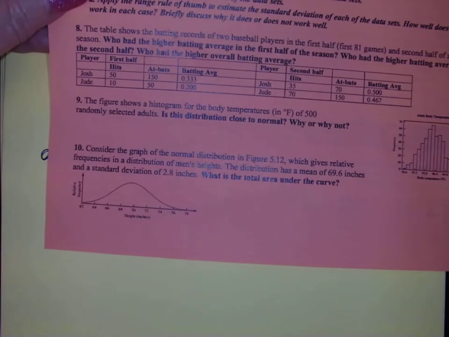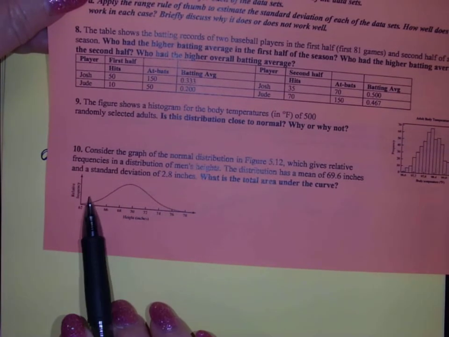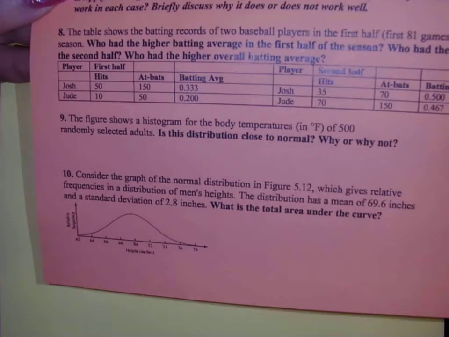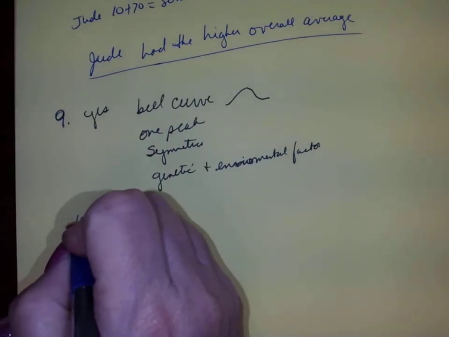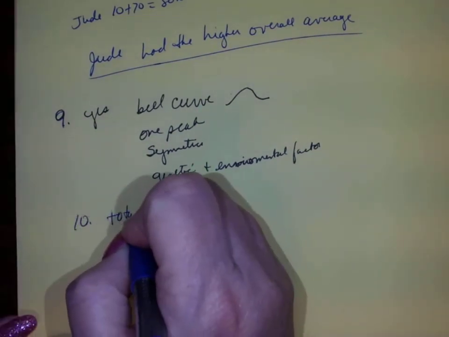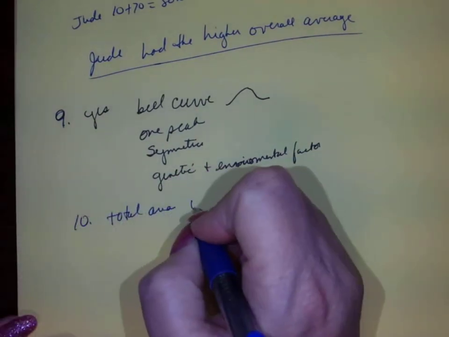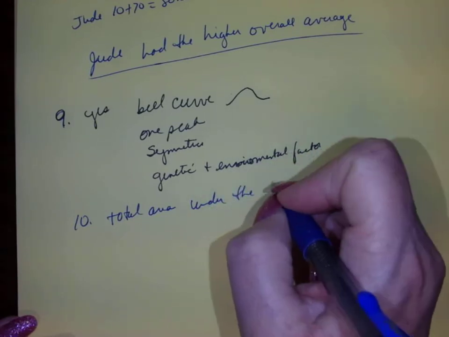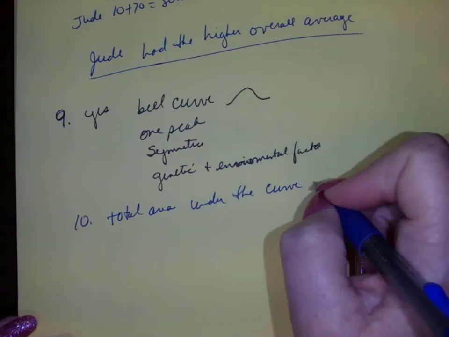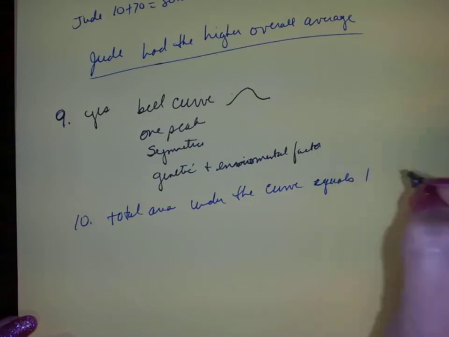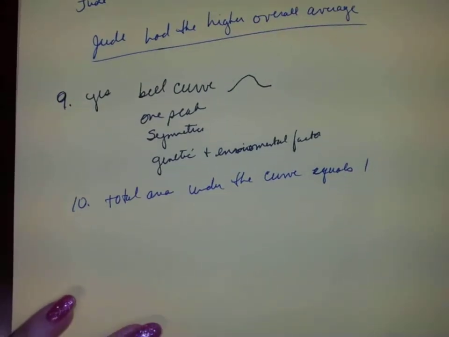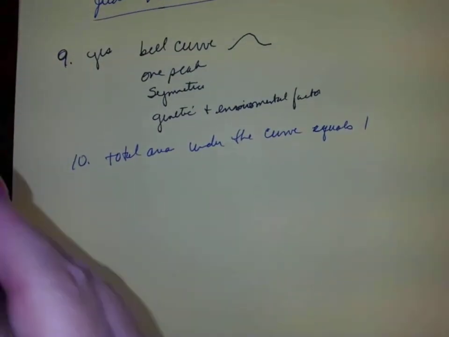The total area under the curve is always equal to 1. So the total area under the curve is equal to 1.